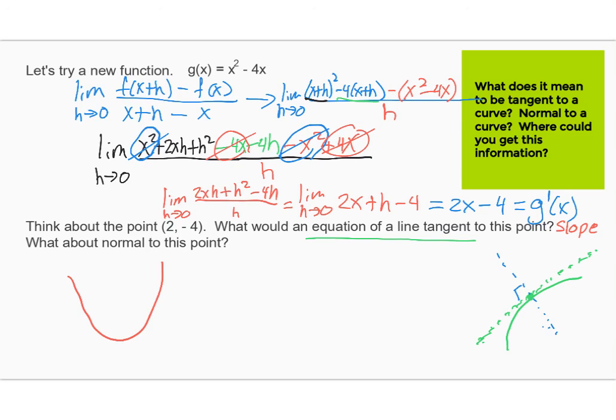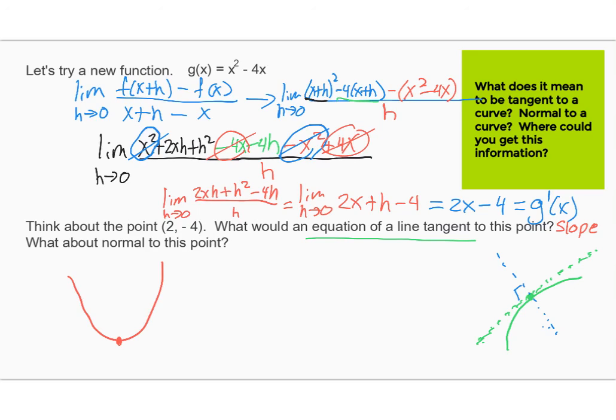So at the point (2, -4), I think that's actually going to end up being the vertex. I may be wrong, but I'm going to see in a second.